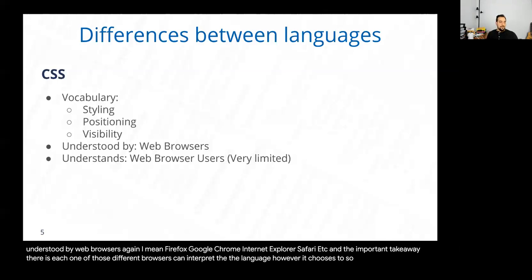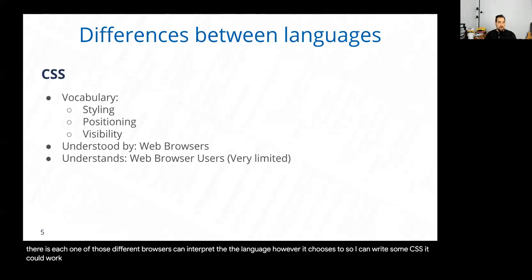So I can write some CSS, it could work on Google Chrome, and it might not work on a different browser. So you have to test your CSS on multiple browsers. And think of this sort of like normal or natural languages.